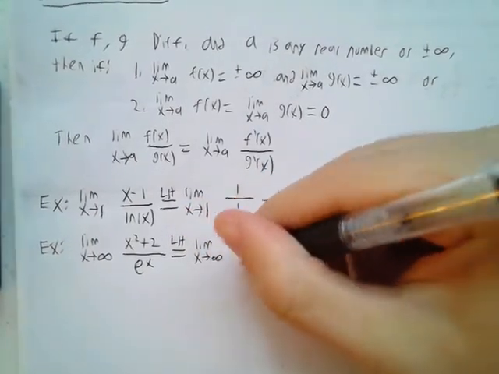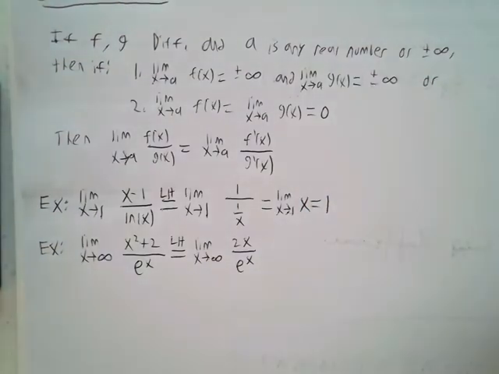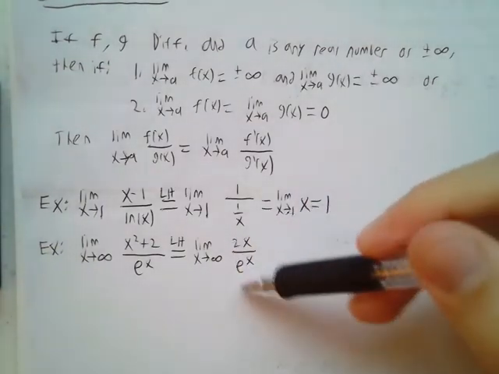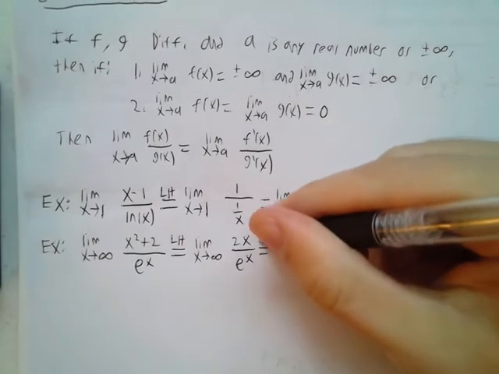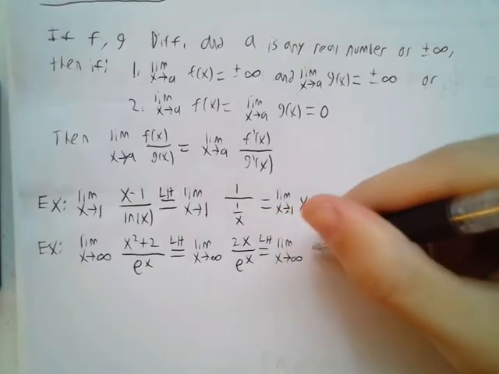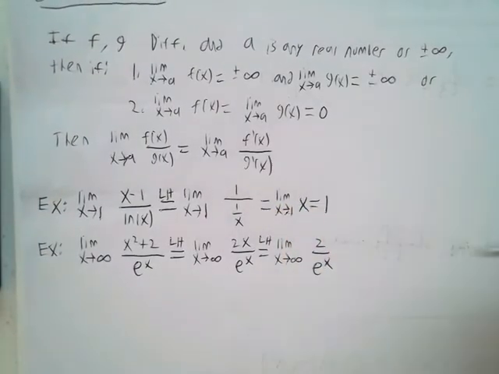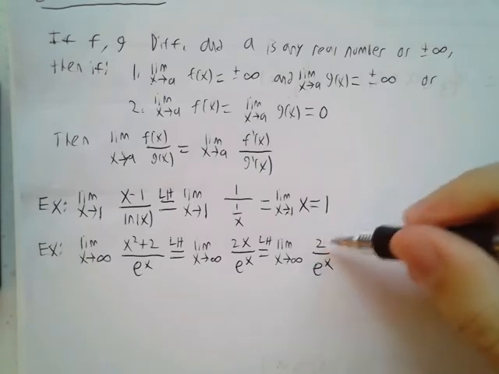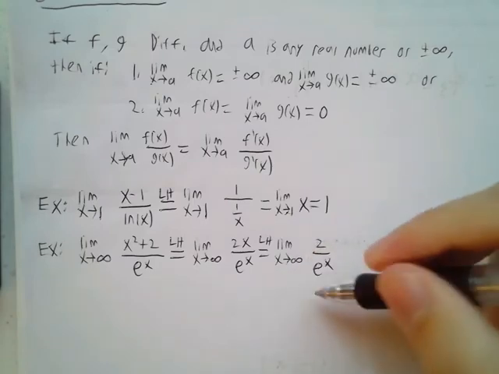But now we notice that this still has a form of infinity divided by infinity. So we use L'Hopital's rule again, and we get limit as x goes to infinity 2 divided by e to the x. Now finally we can see that as x goes to infinity, the numerator is constant, the denominator goes to infinity, so the overall limit is equal to 0.